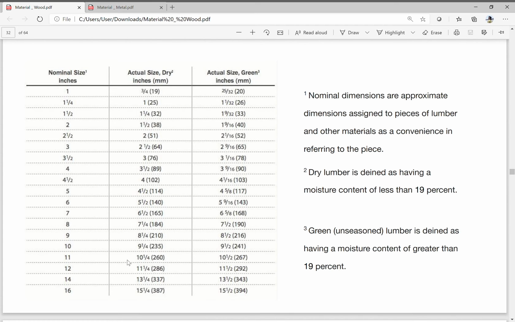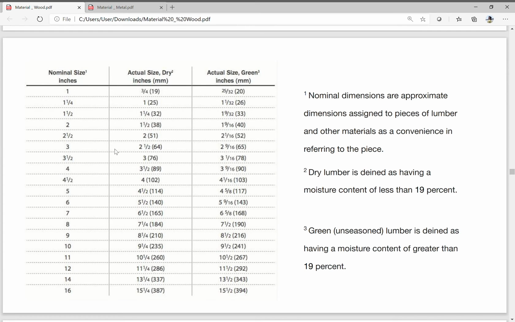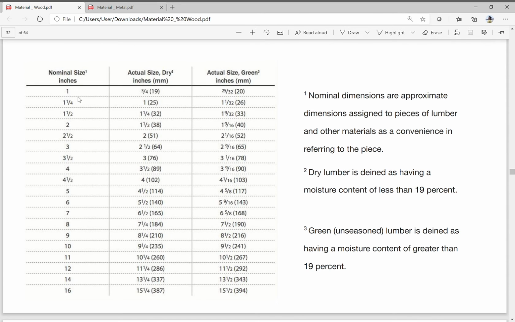These are the actual measurements you have to take note of, especially in specification, in cabinetry and in construction, given that the wood would shrink to reduce the moisture content. This is just a standard number that they give out, but this is what it is in actual.